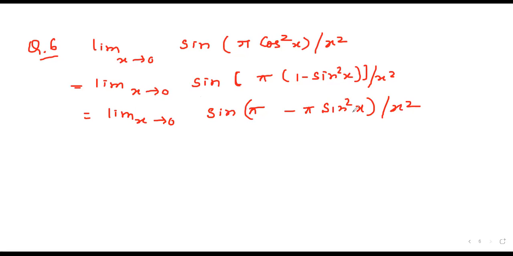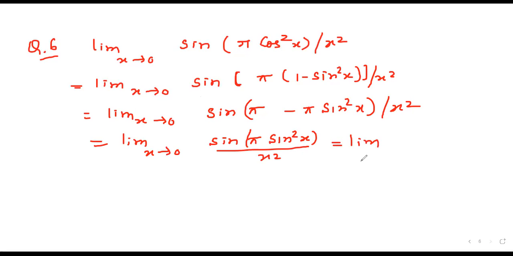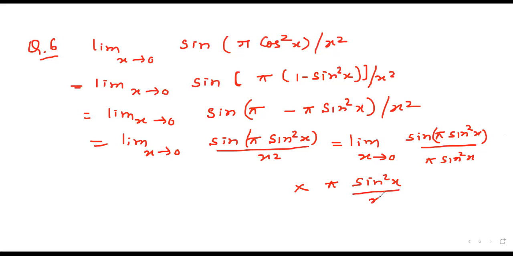We know that sine pi minus theta is sine theta. So we get limit x tends to 0, sine pi sine square x divided by x square, which can be written as limit x tends to 0, sine pi sine square x whole divided by pi sine square x times pi sine square x divided by x square.